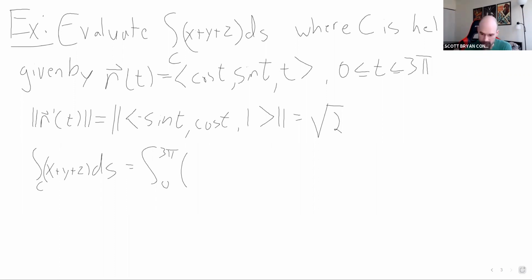The third tells you what z is. So x plus y plus z becomes, well, x we're replacing with cos t. Y we're replacing with sine t.